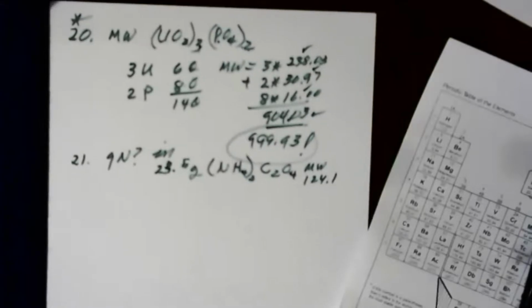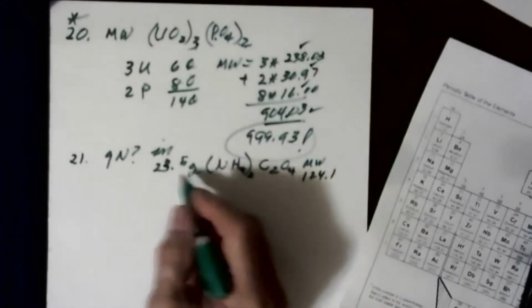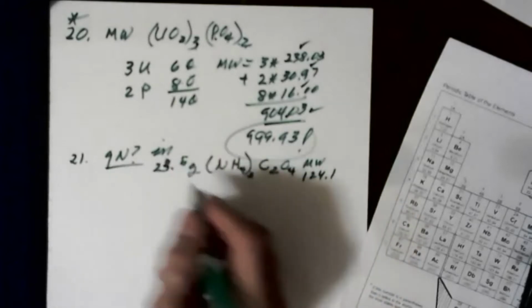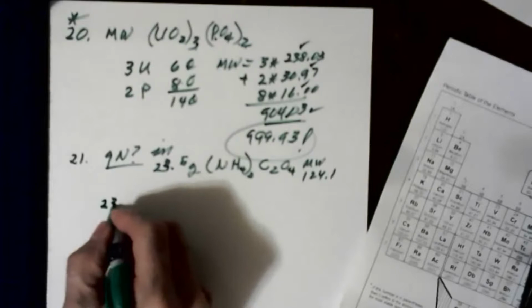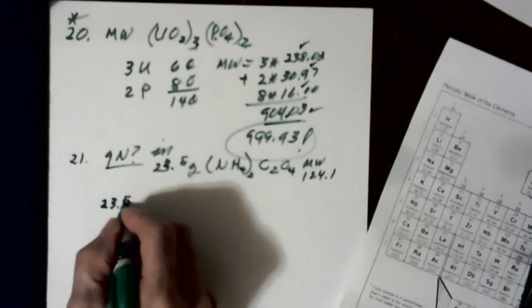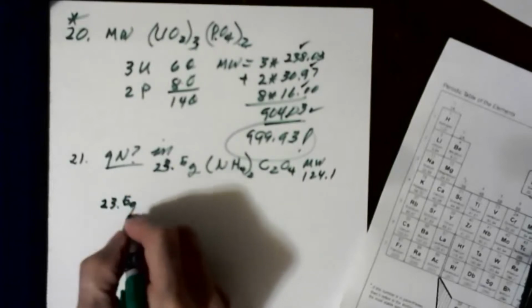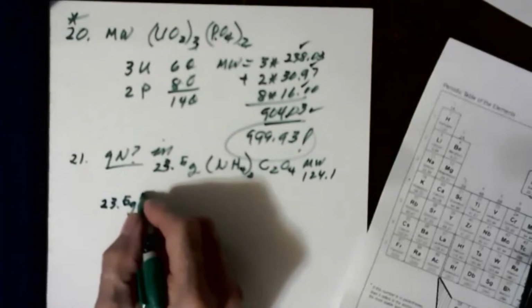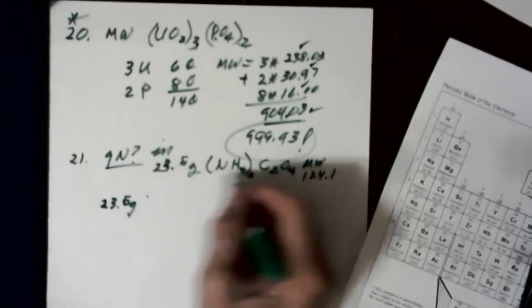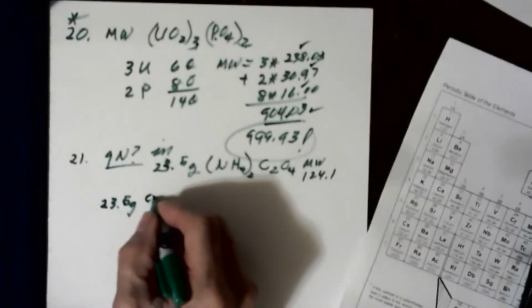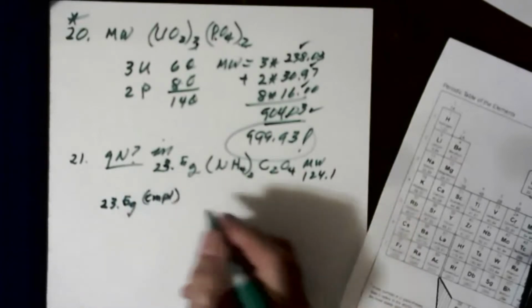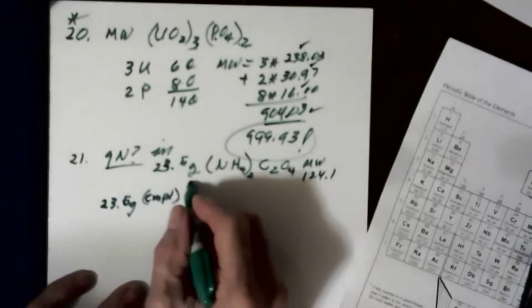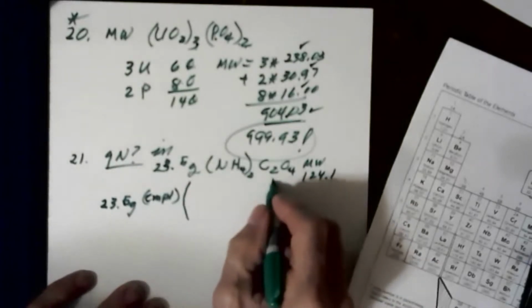All right, so here's the data. Now what we're going to do, we want grams of nitrogen in this compound. So I've got 23.5 grams of compound. And I'm just going to abbreviate all that CMPD because I don't want to write out that whole formula again. I want to do a conversion factor.